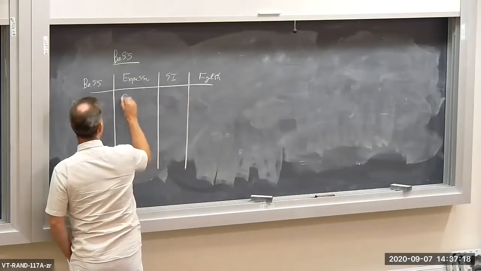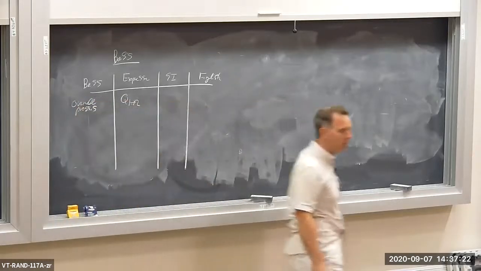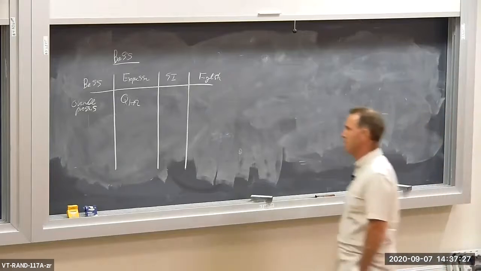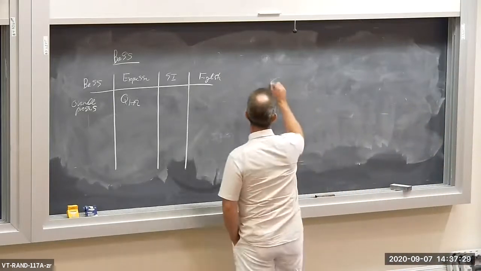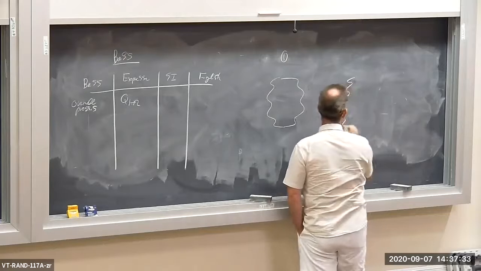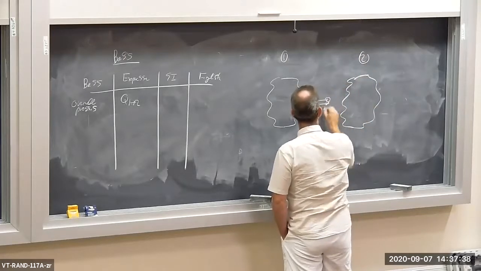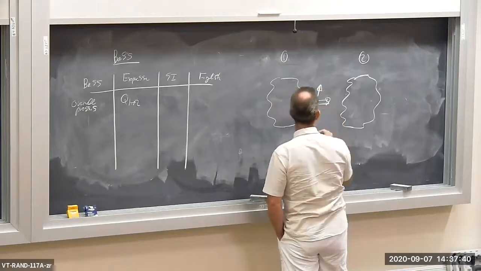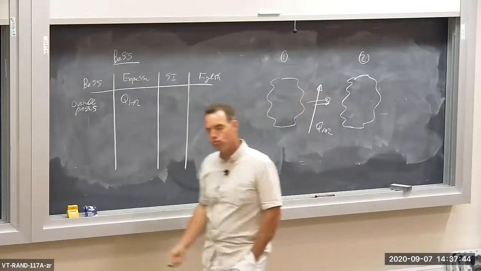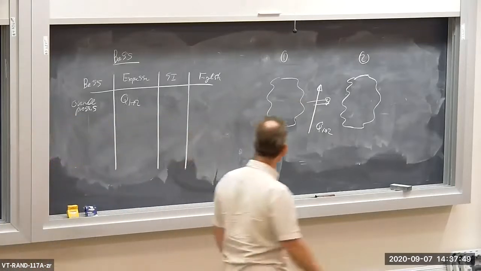So that means Q from state 1 to state 2. That would be a way to symbolize heat transfer for some overall process. So we have a system which moves from state 1 to state 2 because we are adding a certain amount of heat, Q1 to 2, making the system hotter, increasing its volume, doing something, okay?